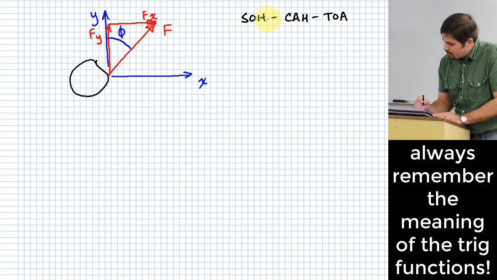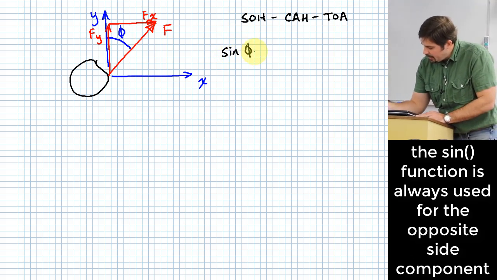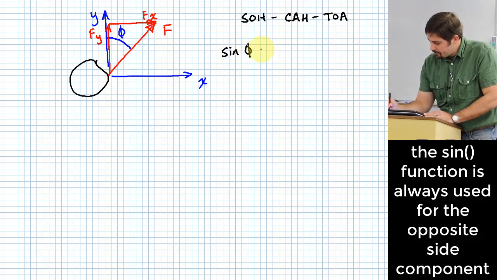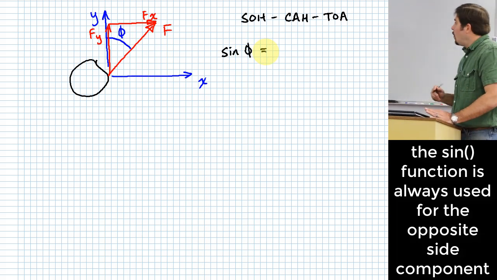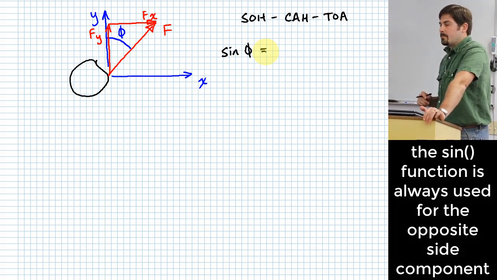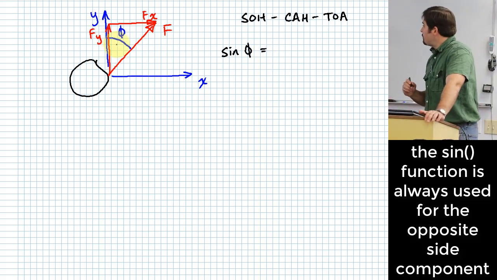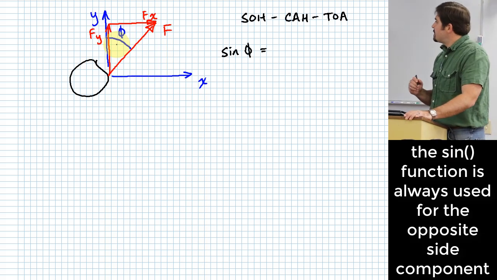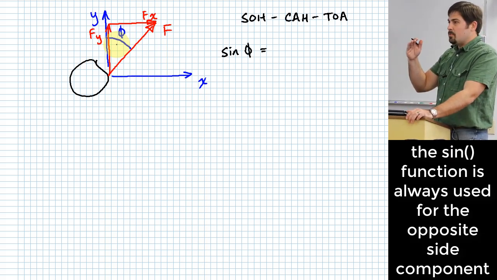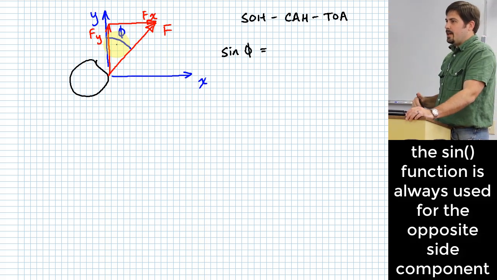The sine is opposite over hypotenuse. That means that the sine of this angle phi is equal to, what is the opposite side to the angle phi? Okay? Yeah, so you'll see there that phi actually touches Fy, so that would be the adjacent one. The opposite one is the one that doesn't touch, which is the Fx.